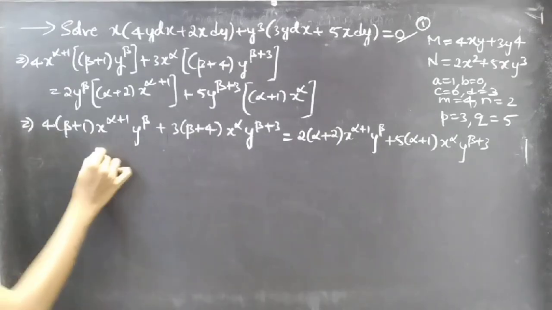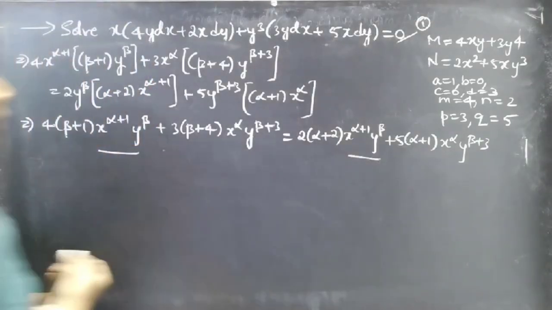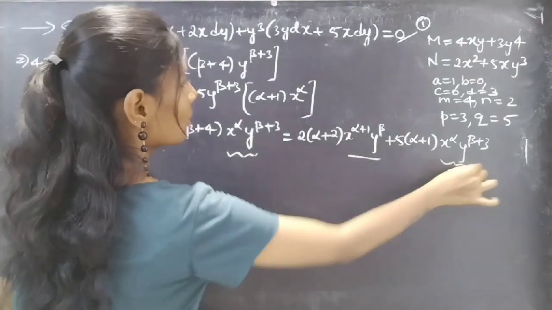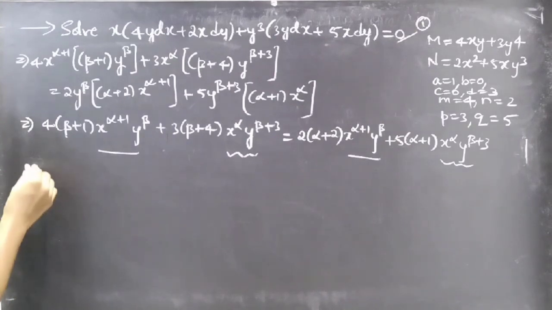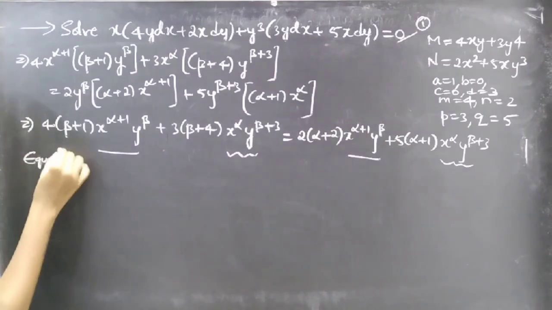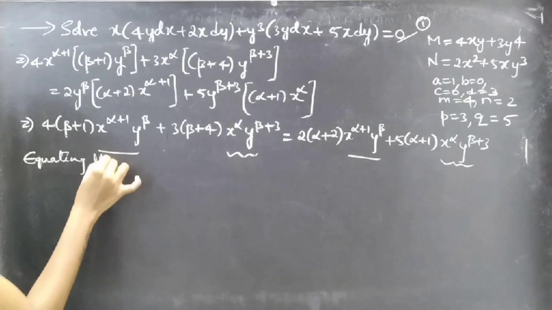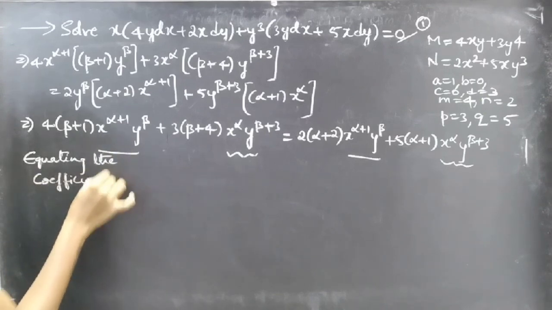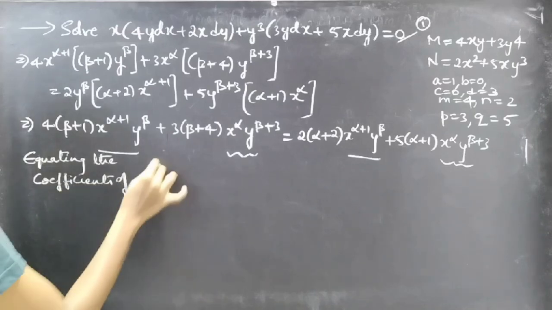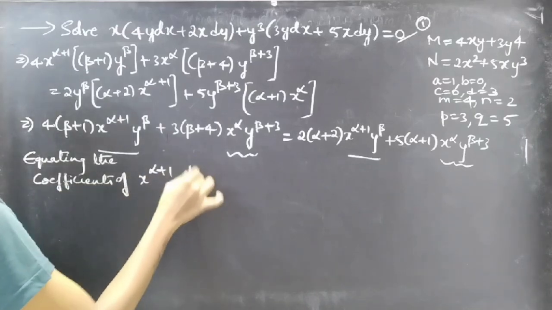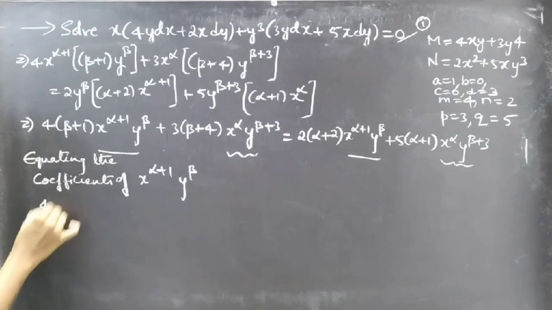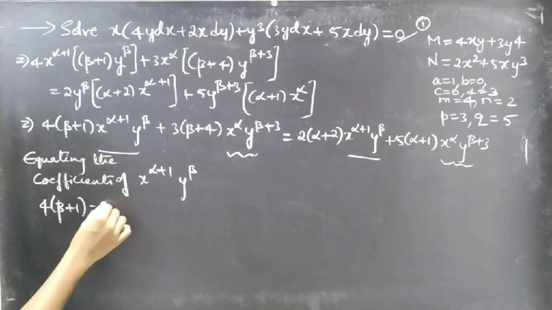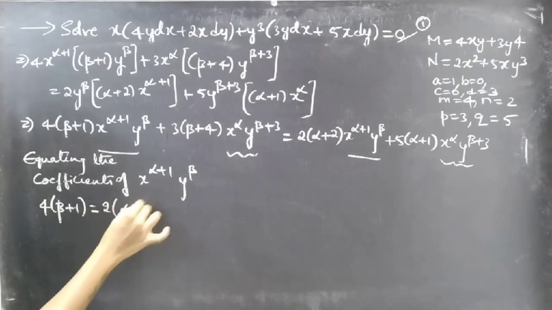Now we can equate the quotient of x power alpha plus 1 y power beta, and equate the quotient of x power alpha and y power beta plus 3. Equating the quotients of x power alpha plus 1 y power beta gives 4 times (beta plus 1) equal to 2 times (alpha plus 2).